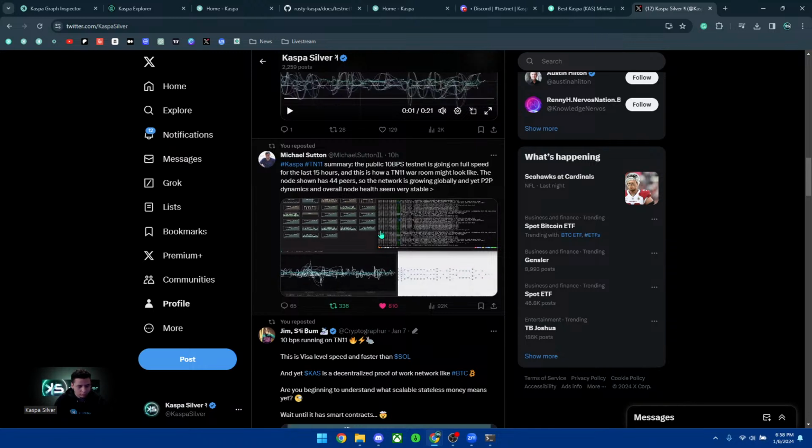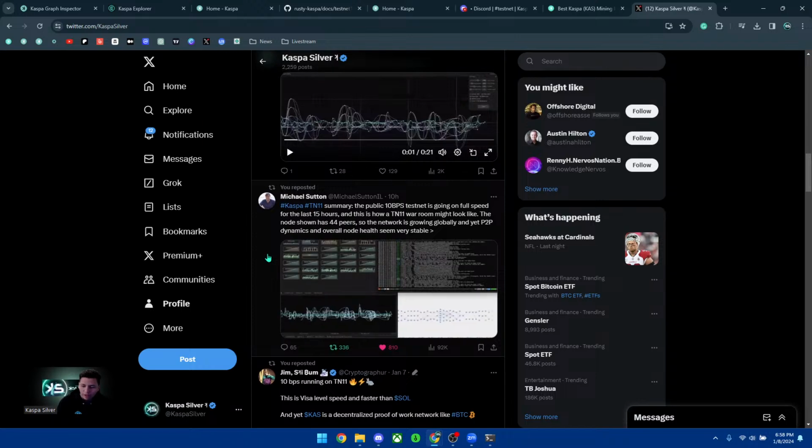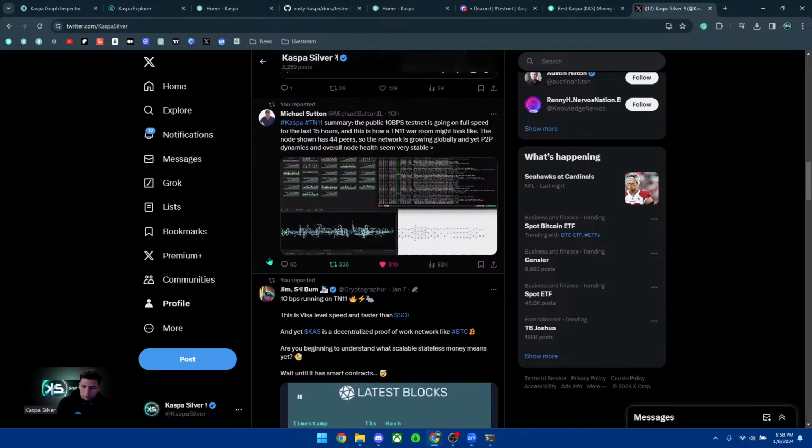I want to show the things that I don't like about it. There's nothing really wrong with it security-wise if you're using it mainly for holding, but there are some things that are not good about the way they've implemented Kaspa with 1Key.